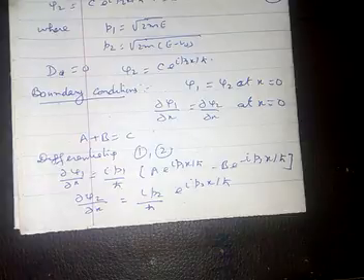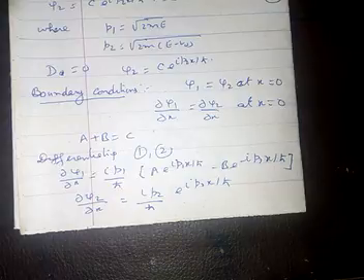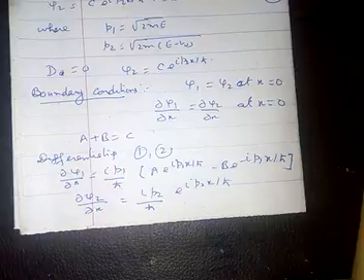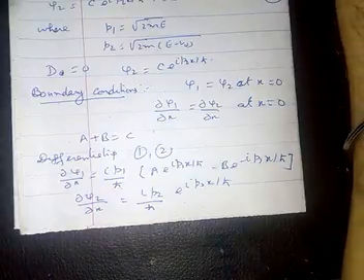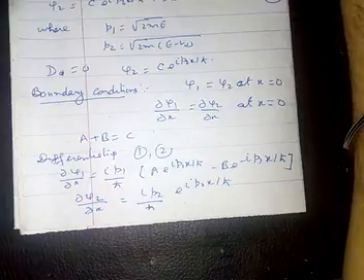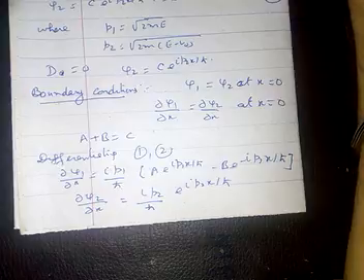But d2psi/dx2 can be finite only if dpsi/dx is continuous everywhere. This is the first boundary condition. And if dpsi/dx is continuous everywhere, then necessarily psi must be continuous. This is the second boundary condition.